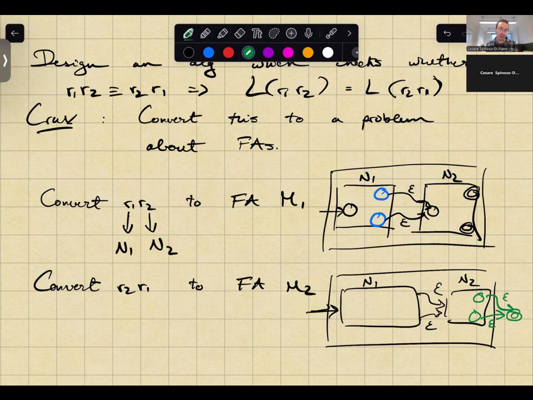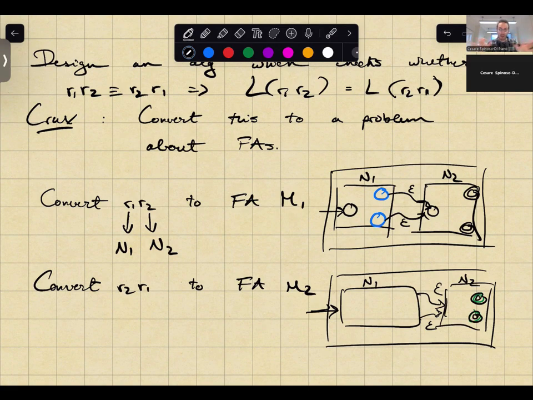It's all the same. What I'm trying to convey is that it's definitely possible to create FAs for L of N1 concat L of N2, and L of N2 concat L of N1. Hopefully you're convinced by this.